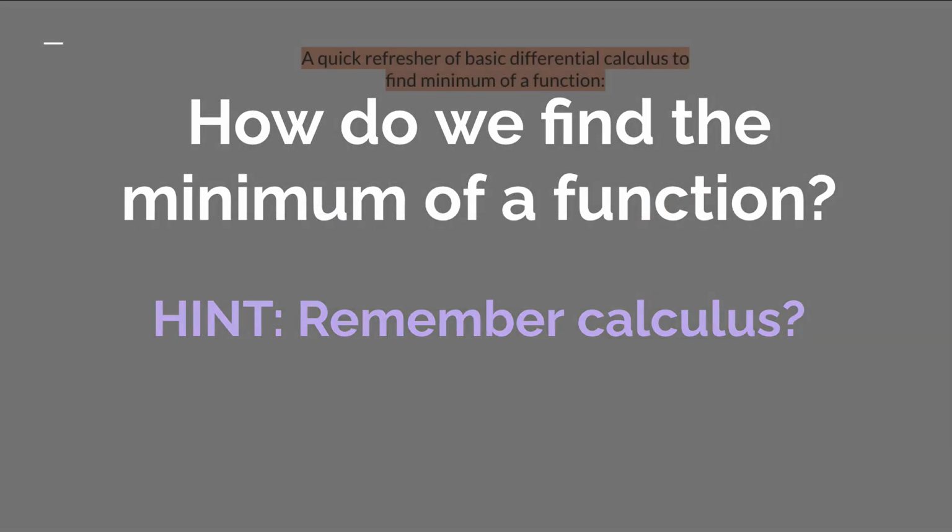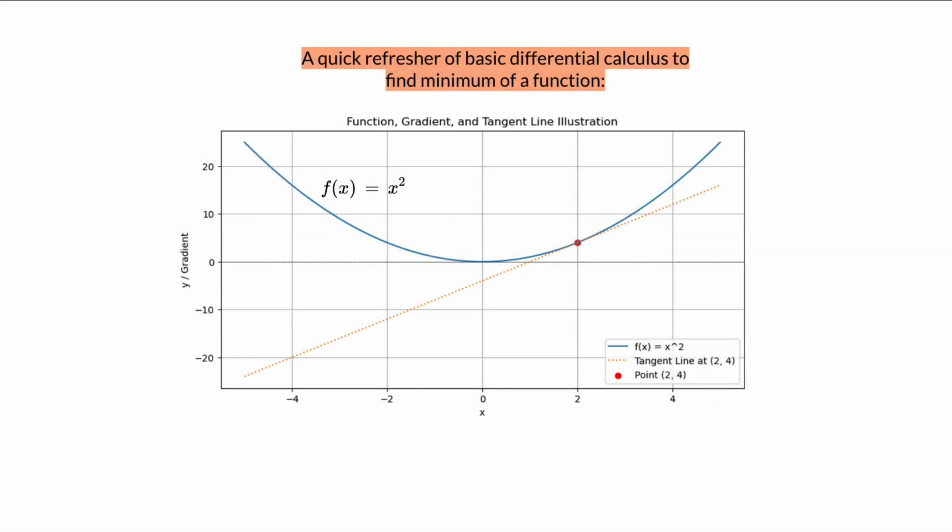If we remember our calculus from high school, if we have a function like a parabola, f of x is equal to x squared, how do we find the minimum of that? We can probably remember this from calculus. We can compute the gradient, which here we're showing at some point where x equals 2.